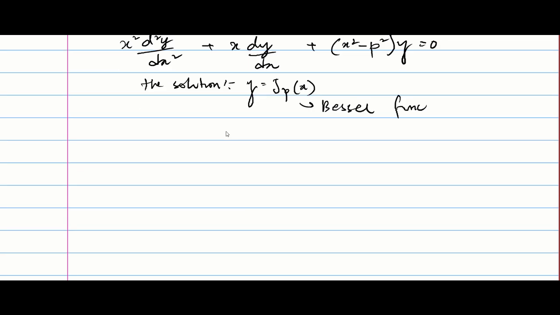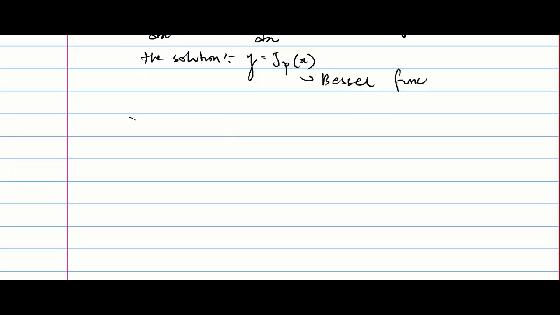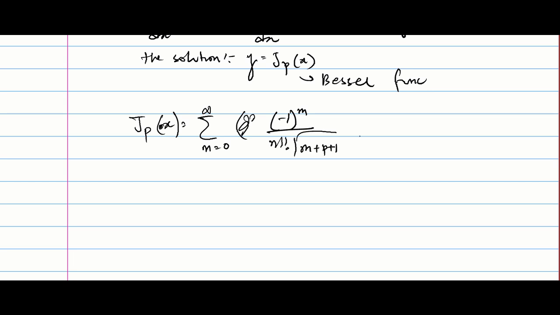Now Jp, which is a function of x, obviously, is given by the summation m equals 0 to infinity of (-1)^m over factorial m times gamma of (m plus p plus 1), times (x/2) to the power 2m plus p.